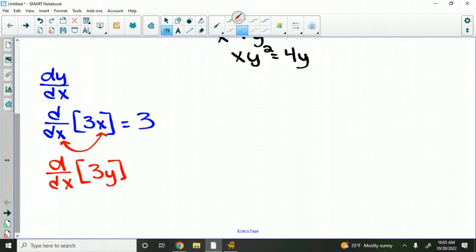It's still asking us to find the derivative with respect to x, but we're not with respect to x right here. These variables don't match. So what we do is we still use the rules that we know. All of these weeks we've been learning our derivative rules. This is like a constant multiple rule. But because of the different variables, we have to attach a little conversion factor.